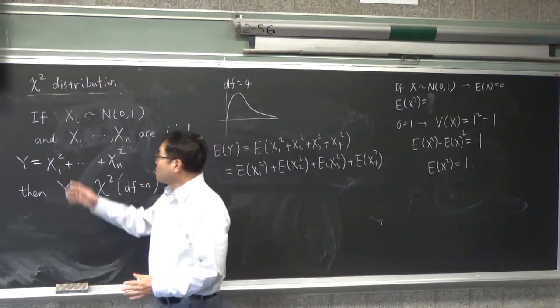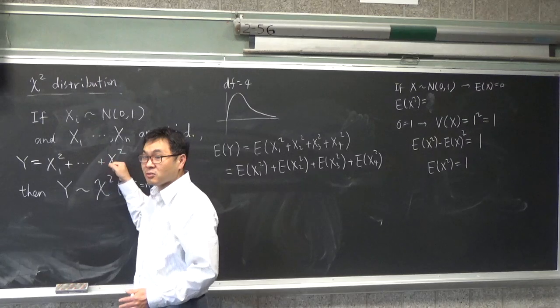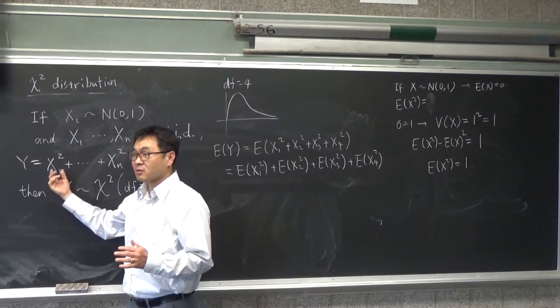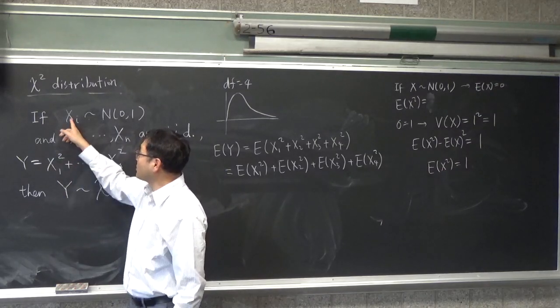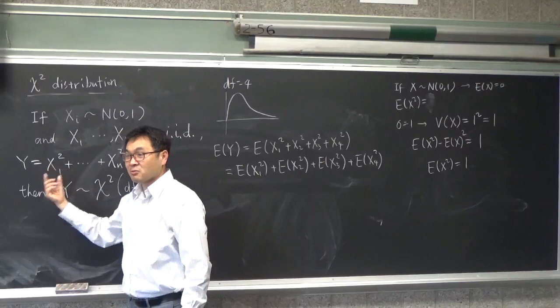So you should think of each individual square as the square of the sample variance. If you take some random variable and take the square of that, you're really calculating the variance.